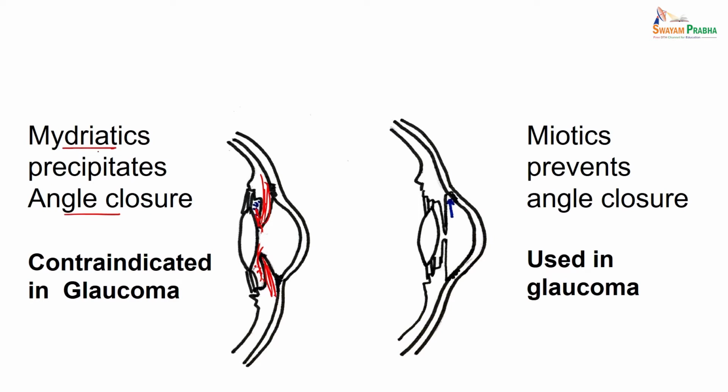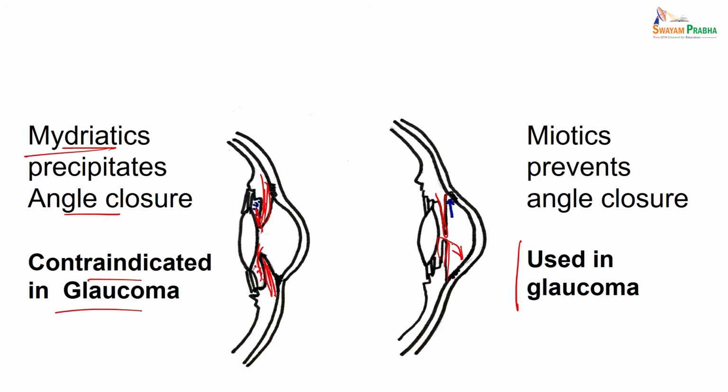Therefore, mydriatics are contraindicated in patients with glaucoma. On the other hand, meiotic agents cause meiosis, the angle gets open, and this causes easy flow of the aqueous humor. So, meiotics are useful in glaucoma, whereas mydriatic agents can precipitate glaucoma.